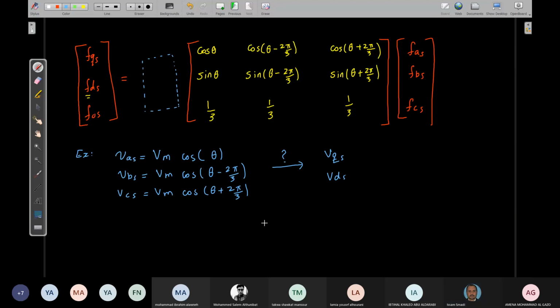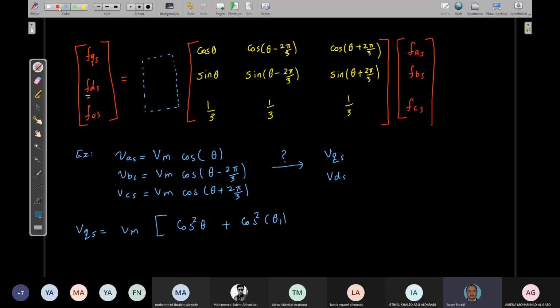So simply now, VQ of S will equal, if I multiply, VM times cosine square theta, plus cosine square theta 1.